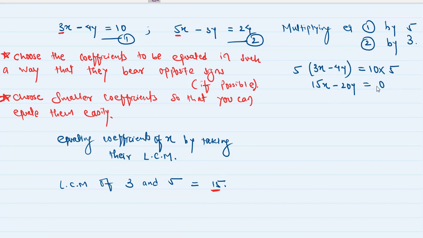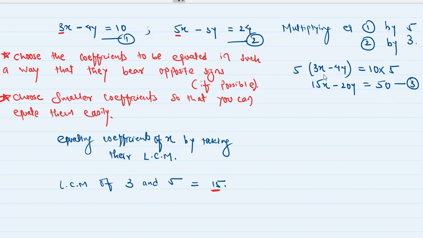So that's one mistake. Don't do that. 10 multiplied by 5 is 50. So this is an entirely new equation formed by multiplying 5 with equation 1. You have to write this statement and then multiply. So you get a new equation in place of equation 1. Name it equation number 3.